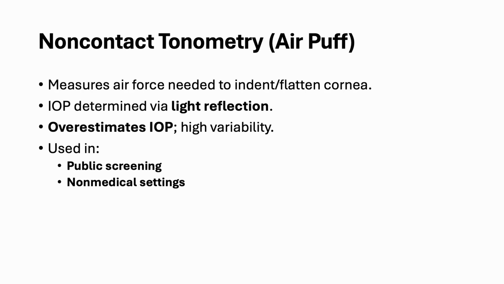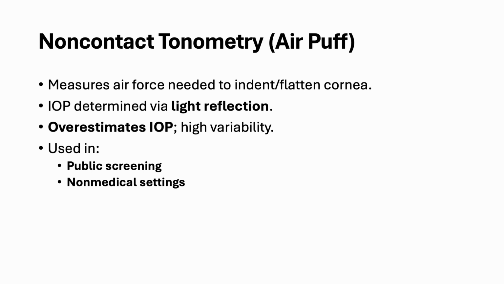Another method you may be familiar with is non-contact tonometry, commonly referred to as the air puff test. This technique measures the amount of air force needed to indent or flatten the cornea. Instead of making physical contact, it uses light reflection to determine when sufficient flattening has occurred to estimate intraocular pressure.